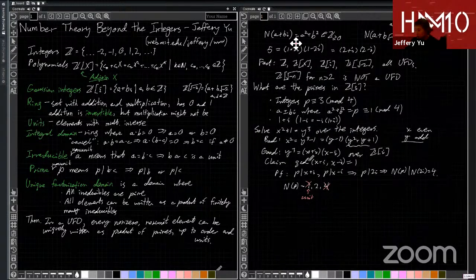I'm running a little over time, so I'm going to hurry this up. So the norm has to be 2, and p is 1 plus i. I'm going to apply a similar trick again. If p divides x plus i, then the norm of p divides the norm of x plus i.